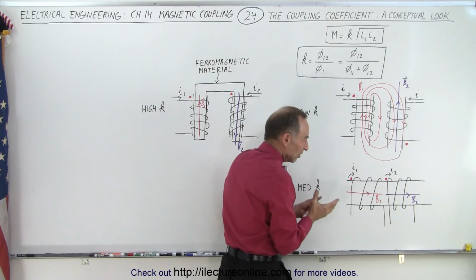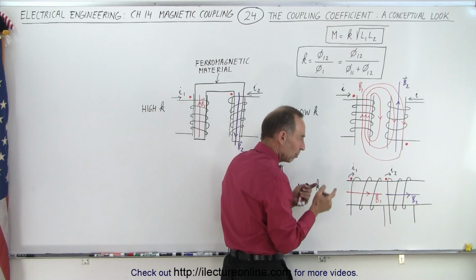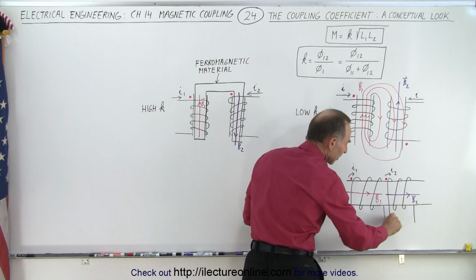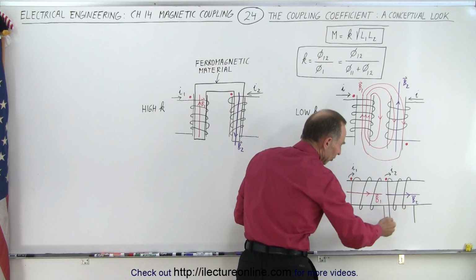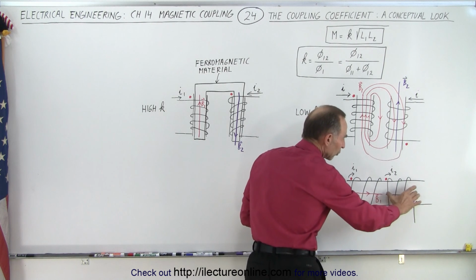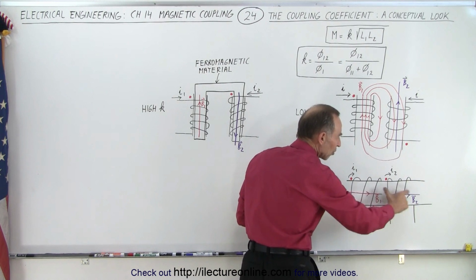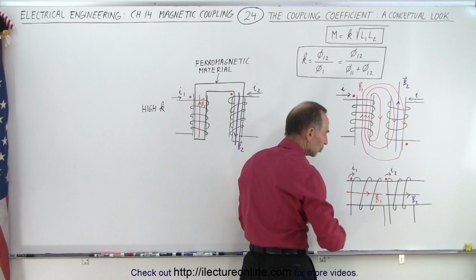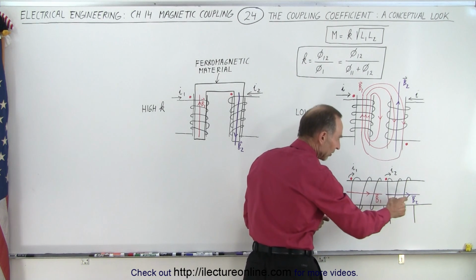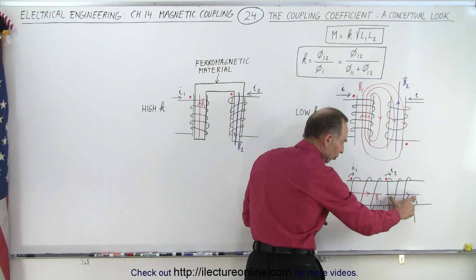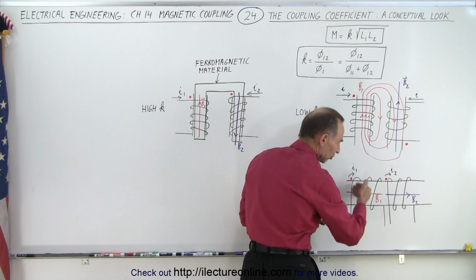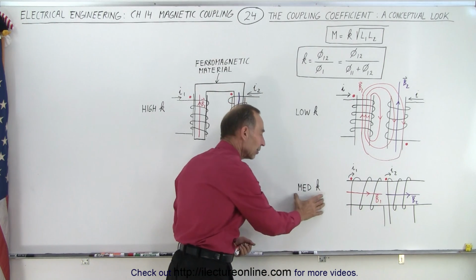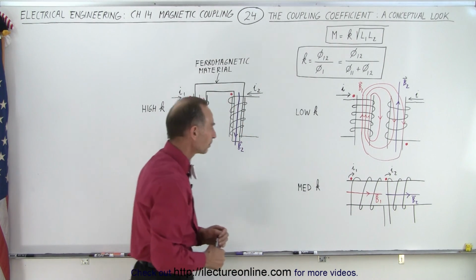Again, that's not important in this illustration, but what's important is that since they're in such close proximity, a significant amount of the magnetic field, before it has a chance to coil around, will go through the other coil, so there's a much stronger mutual induction between the two coils here. And the same for the flux of this coil will go through a significant portion of this coil because they're in very close proximity. Therefore, we have a higher coefficient.